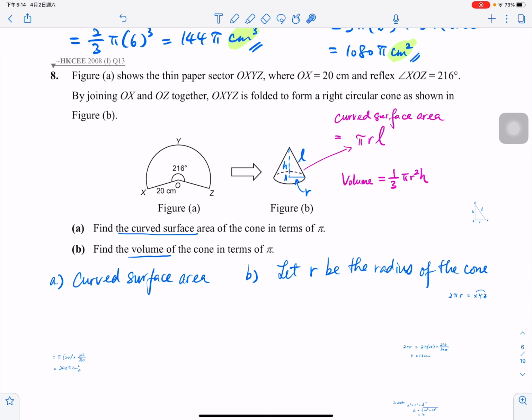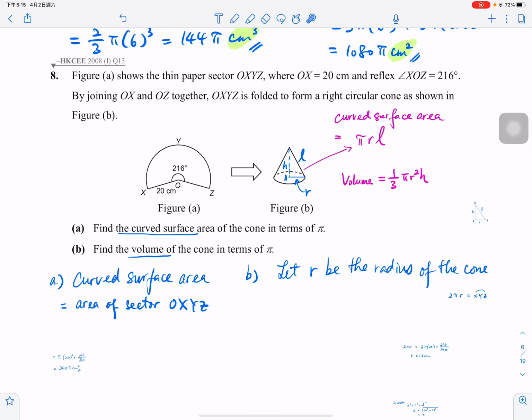So for the curved surface area, where does it come from? If you know the area of the sector OXYZ, then you know the area of the curved surface of the cone, right?